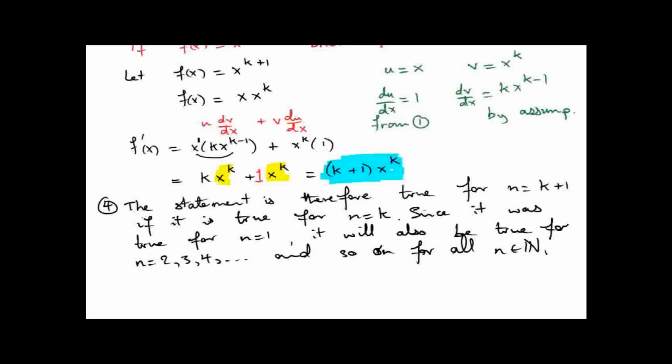So if any domino falls down, it's going to knock down the next one. But you see the first domino fell down, so that's going to knock the second one. But now the second domino is falling down, so that's going to knock the third one. Now the third is falling, that will knock the fourth. And this goes on forever. Okay, so the conclusion is that the statement is true for all n an element of N. Okay?